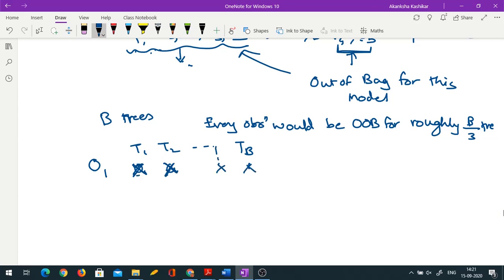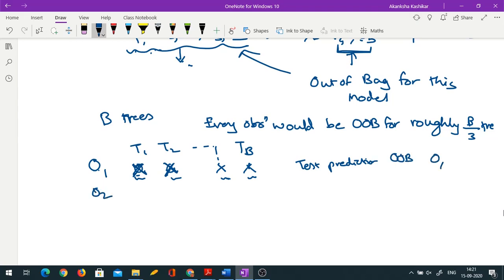So it was out of bag for these 4 trees. You predict O1 only on the basis of these 4 trees, and then take the average or mode, depending on whether it's a regression tree or classification tree, and take that as the out of bag prediction for O1.